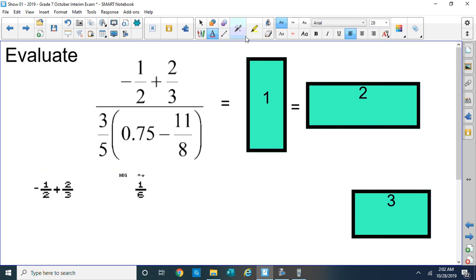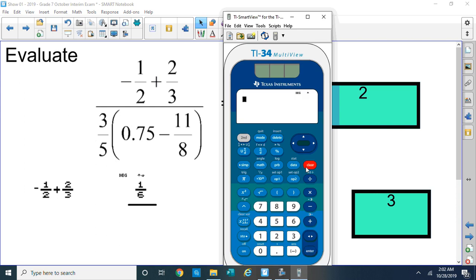Draw a little fraction bar. So that would be on the top of my fraction. And now I've got to clean up the bottom and see what that equals. So let's get my calculator back, clear this out. What's nice is you can use the fraction, but you do have to demonstrate your work. So type everything in there.